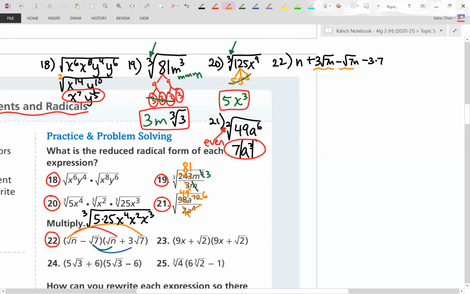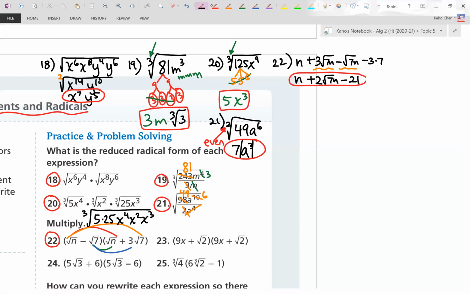Look at that. 3 of those root 7n's and negative 1 of those root 7n's will give me 2 of those root 7n's. And there's your answer for number 22. And minus 3 times 7 is 21 on the end. And there's your answer. Yay.